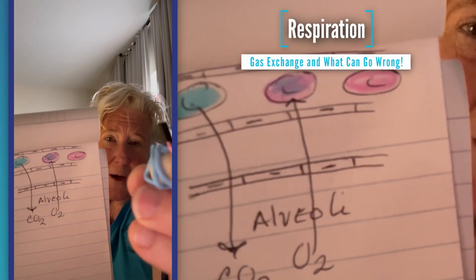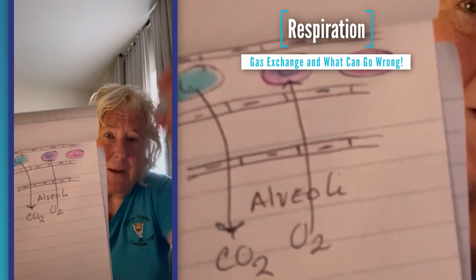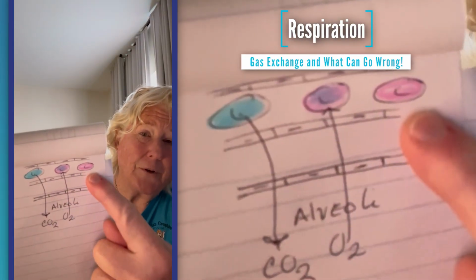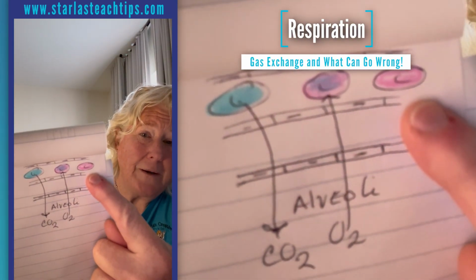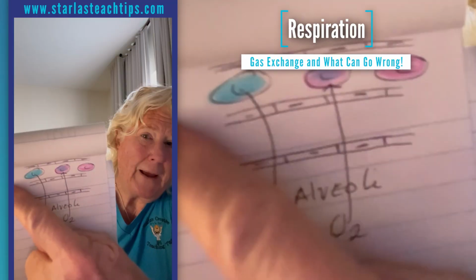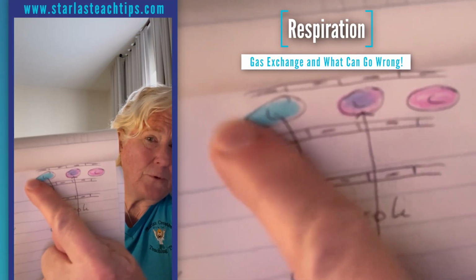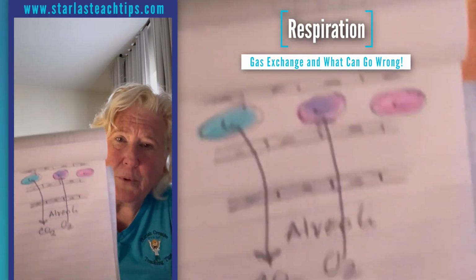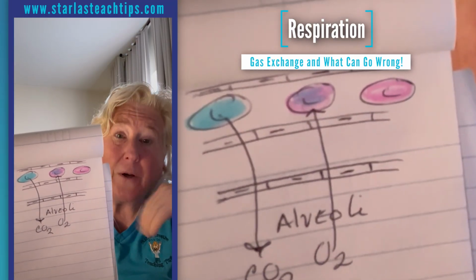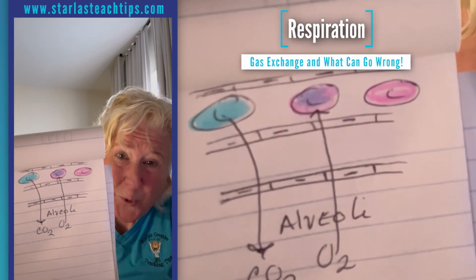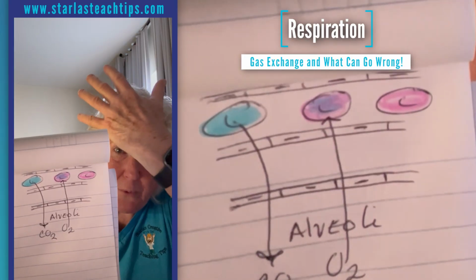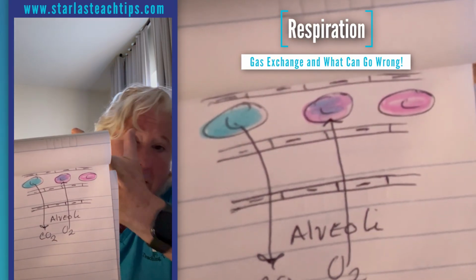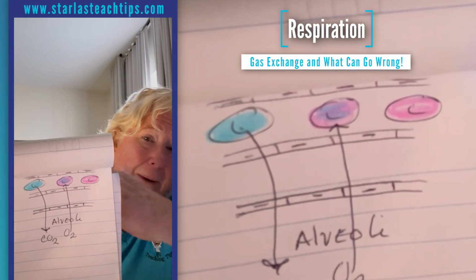Now notice it's got a blue side and a pink side. And that's the capillary that's going to go around it. Now notice as the capillary comes into the lungs, it has deoxygenated blood. I only use blue because textbooks use blue, but we know deoxygenated blood is not blue. I know it appears that way through our skin, but that's just the way the light hits our maroon colored blood and bounces back.